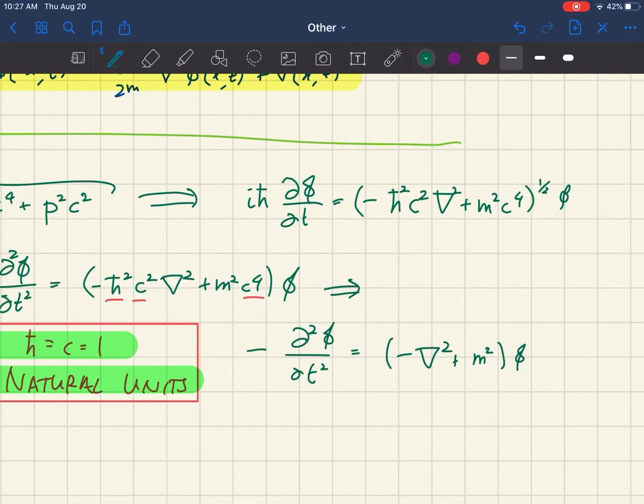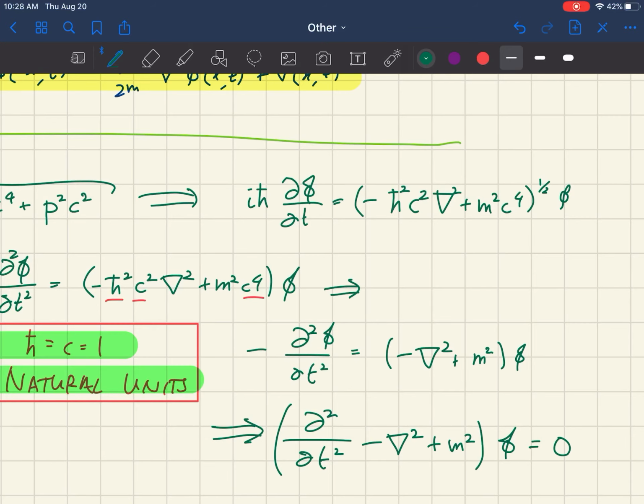Combining everything, we get that the second derivative minus the Laplacian plus m squared, operating on the wave function, gives you 0.